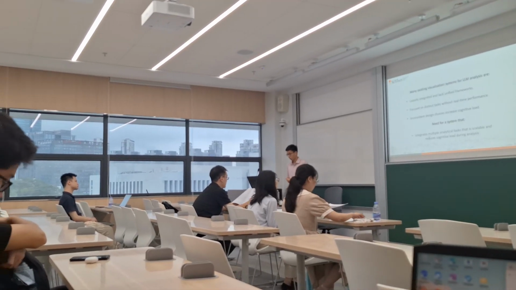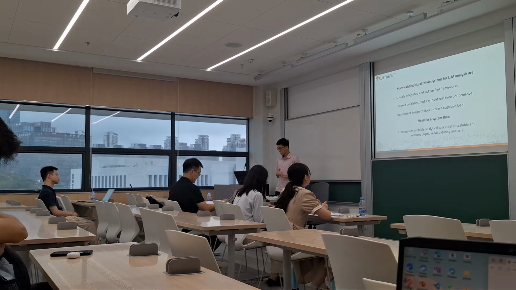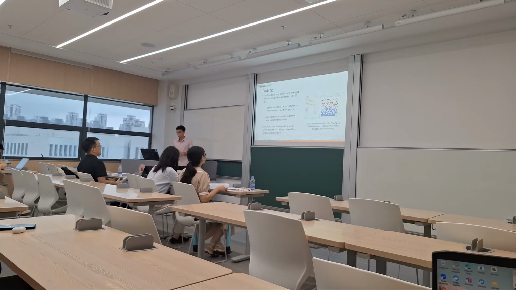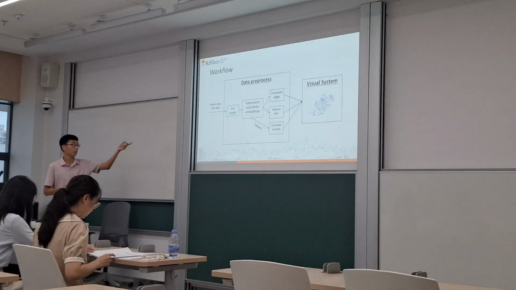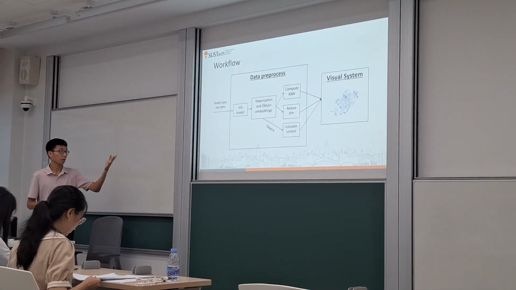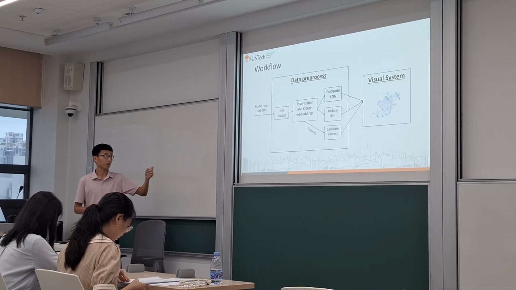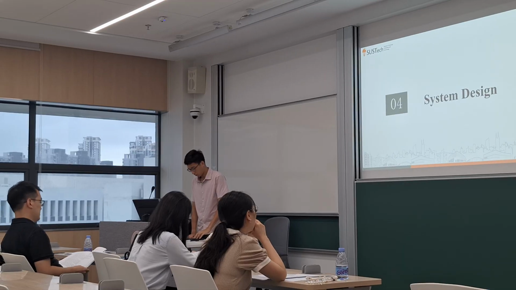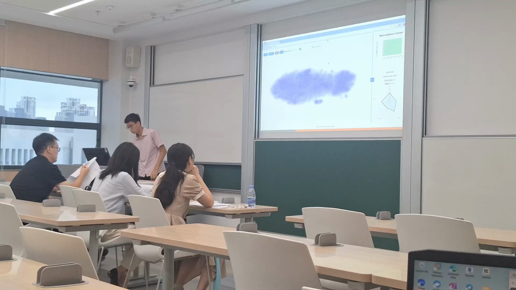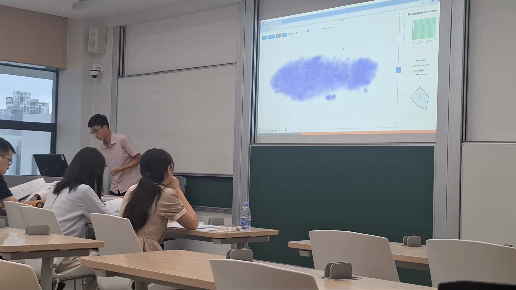There are several visualization systems for function model analysis. The easiest is just to analyze what the model has. After computing these metrics, you can project them into the visual system that I proposed. As for the system design, this is the overall. This one is the demo of the visualization system.